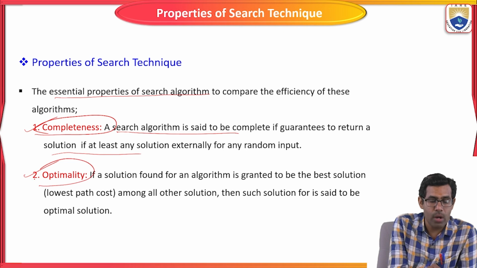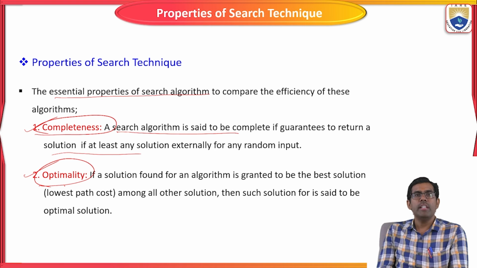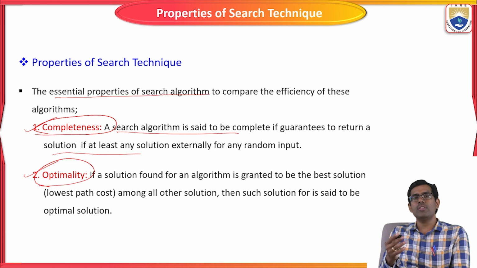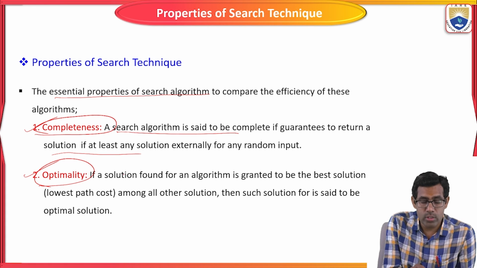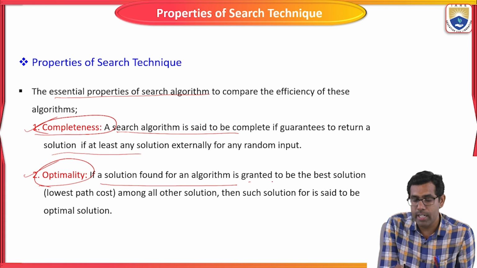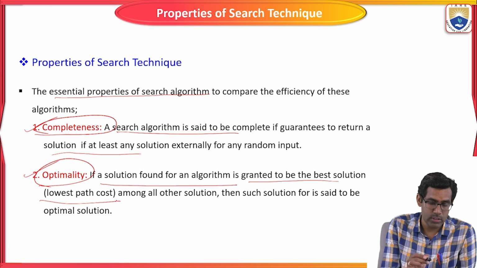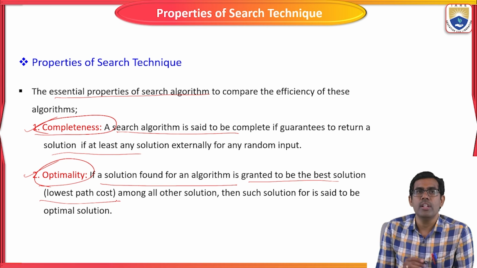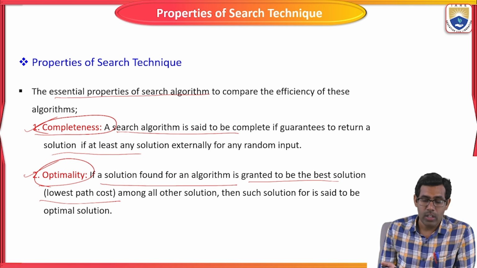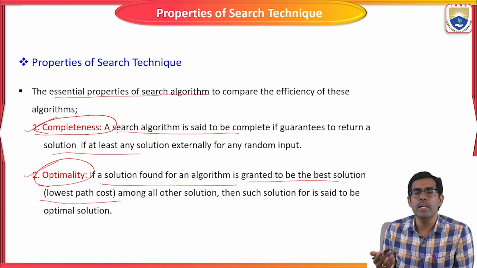The next one is optimality. It will produce the exact solution or some optimal solution based on your problem statement. If a solution is found by an algorithm, it is guaranteed to be the best solution, meaning the lowest path cost. So the time complexity or space complexity should be very low, so that the best solution is produced.